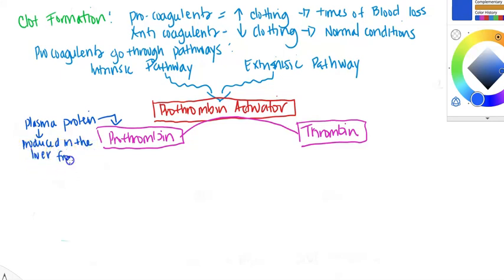And it is produced from something called vitamin K. All right, so we've got prothrombin already in the blood, and when we have prothrombin activator, that converts prothrombin into thrombin.